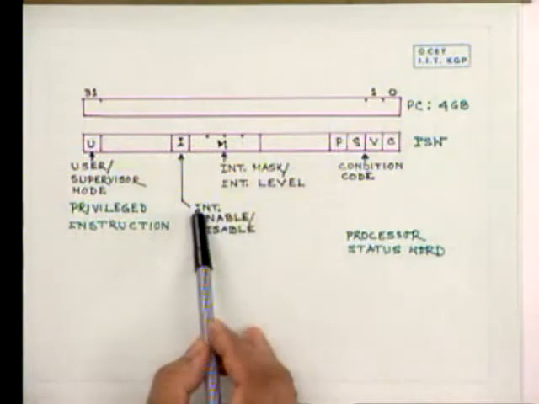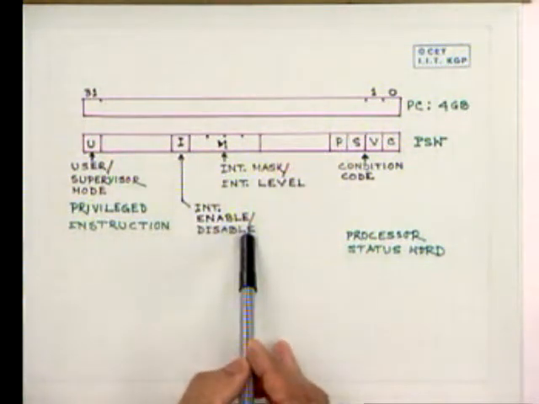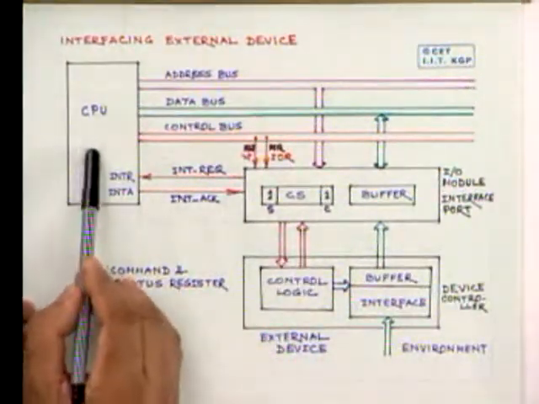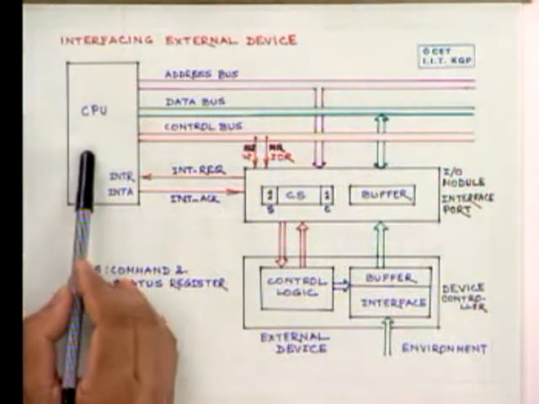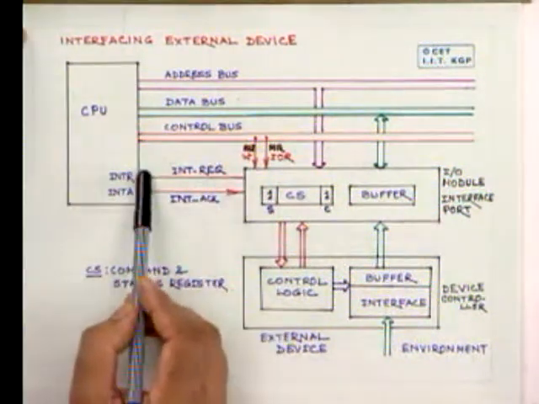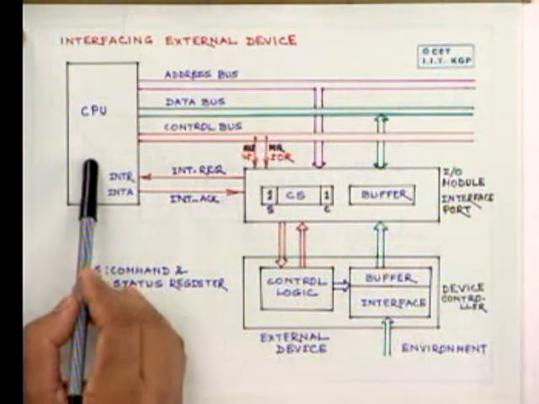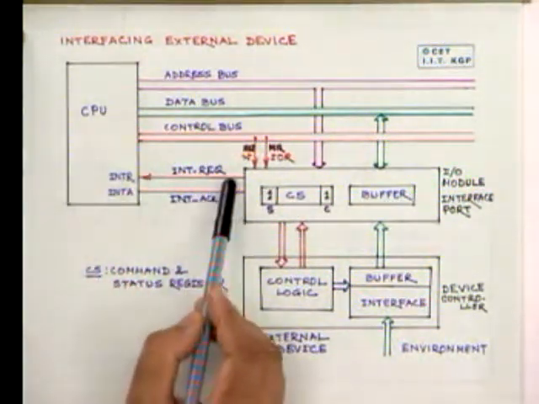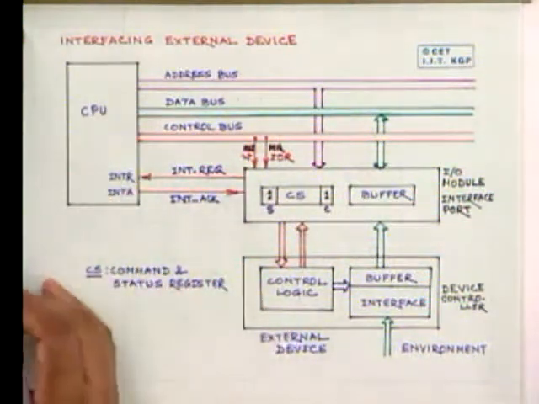It says interrupt enable or disable. Here we can keep one bit. If that is 0, then no interrupt request is honored, and when it is 1, only then is the interrupt request honored. This bit is called the interrupt enable/disable bit.